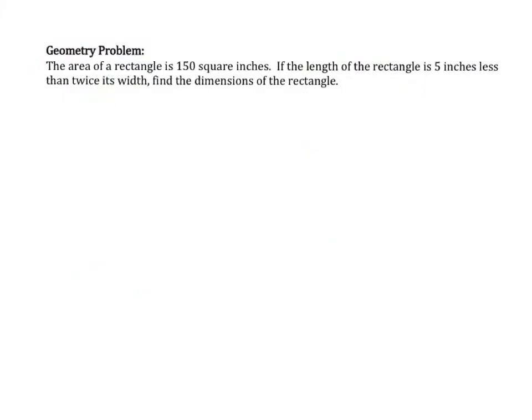Let's look at one additional example. This example involves a geometry problem, all right? We've talked about geometry problems before dealing with a rectangle, which this one also deals with. Remember, a rectangle is a four-sided figure with 4 right angles, opposite sides are parallel.